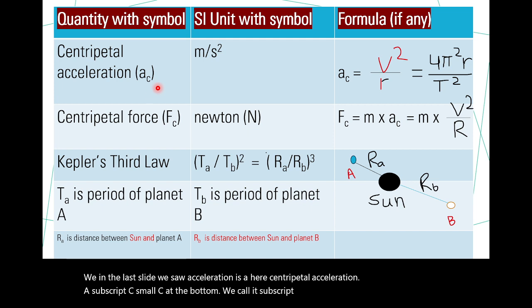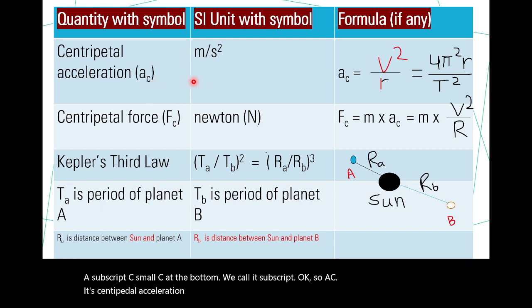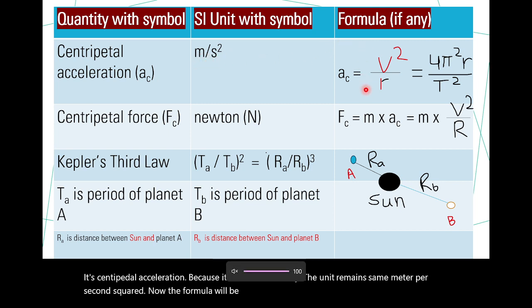So Ac is centripetal acceleration. Because it is acceleration only, the unit remains the same, meter per second squared. Now the formula is a little different: Ac equals V squared divided by R.